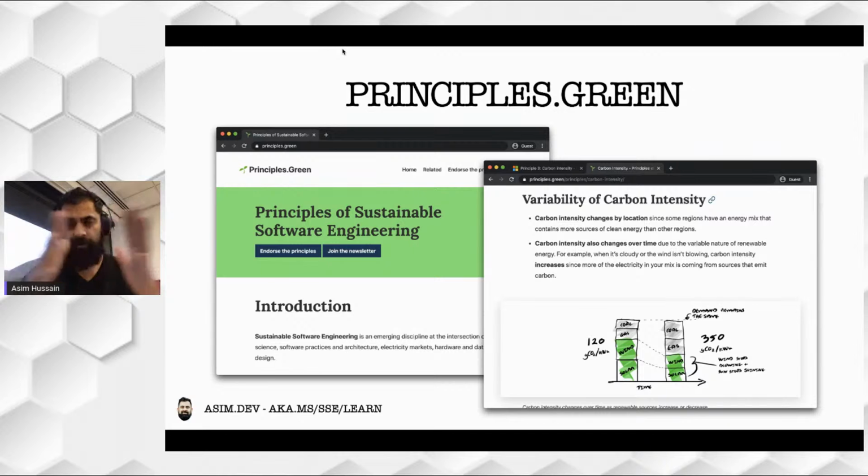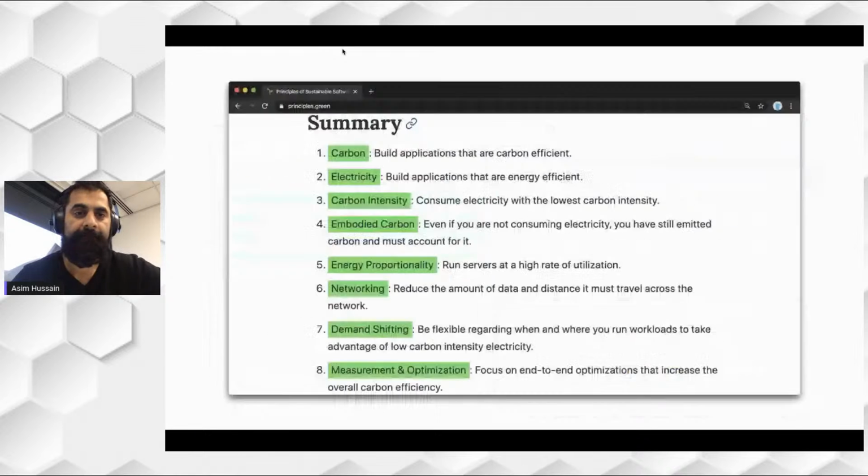You need to broaden your horizons, and if you do, that's when the really interesting decisions that you can make to have an impact appear. So that's what Principles Green tries to get you to do, to understand a broader area of computing and the things you need to know to be more sustainable.